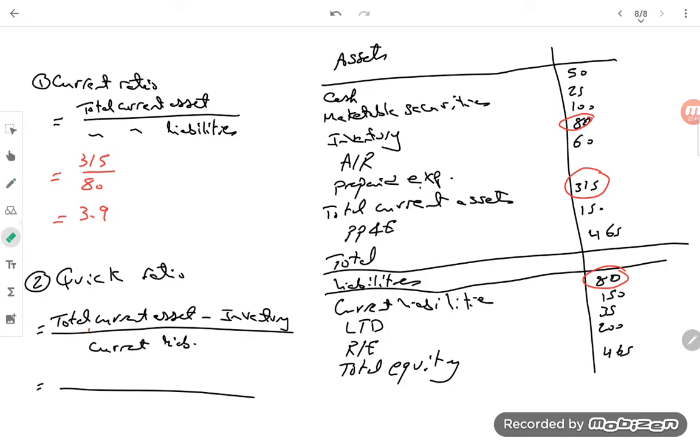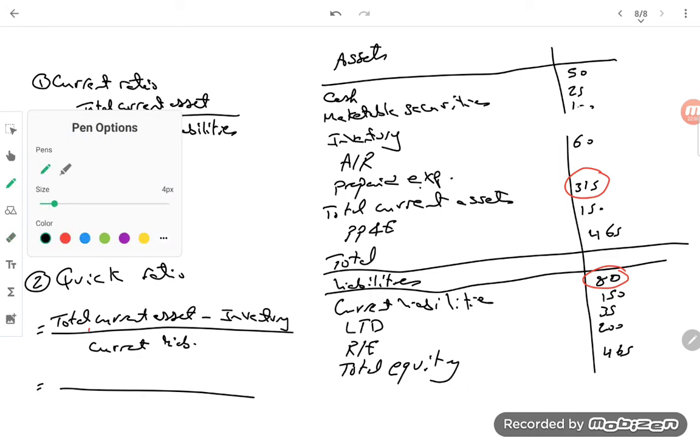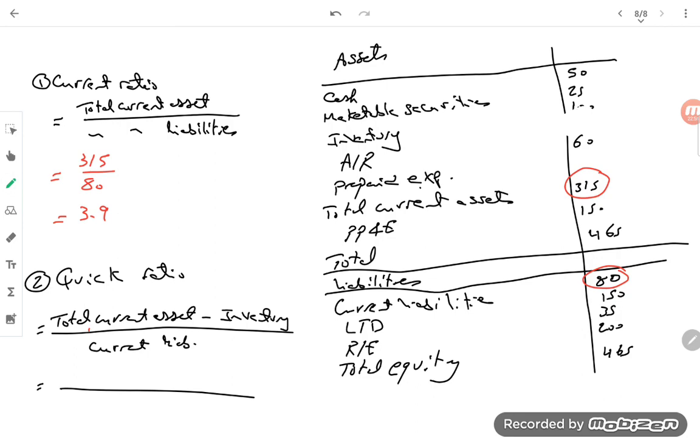Sorry, it's 100. So we can calculate it as 315 minus 100 divided by 80.